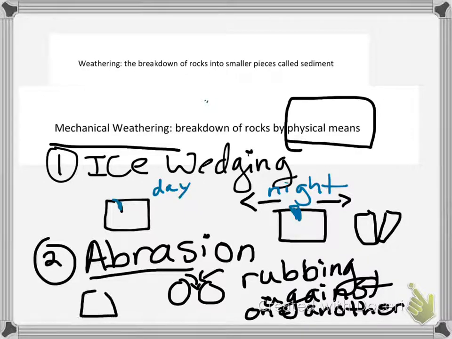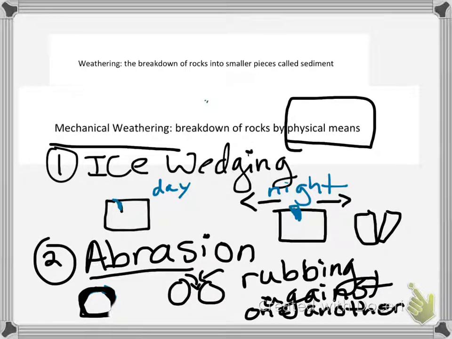If you had a square rock, and it rubs with another rock, this corner is going to get smoothed out, and this corner will get smoothed out. So it's going to go from being a square rock to more of a circular rock.